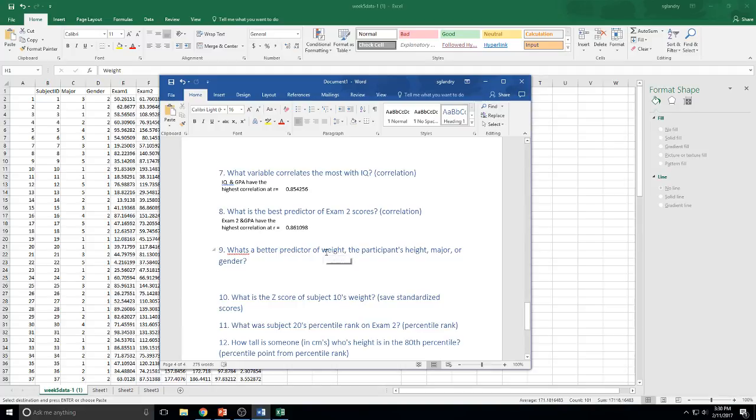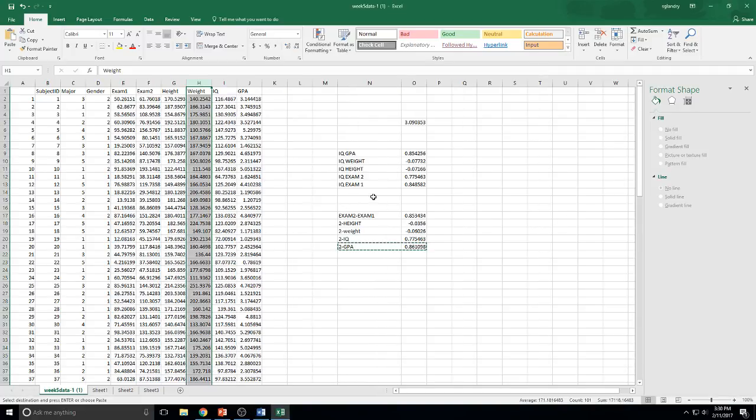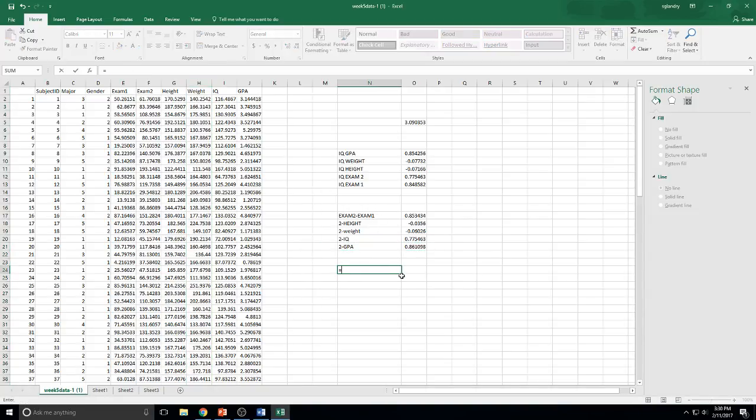Alright, so we can find the correlation between weight and height. That's not a big deal. Have we done that yet? Let me go over here. Correl between weight, comma, and height. 0.79, weight and height R equals that.